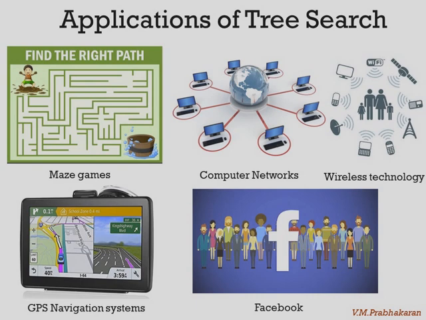Now look at the second example, computer networks. Everything is connected to the networks, all the communication media and ports also communicate in networks. In computer networks, take a peer-to-peer application such as a torrent client.